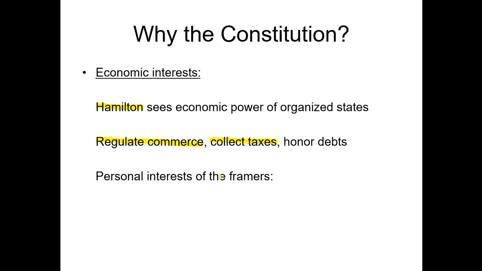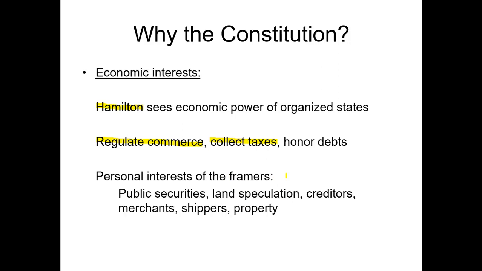There was also the personal interest of the framers that started to fall by the wayside. Yes, there were certain people there at the convention who had their own personal interests. Some of them owned public securities that needed a federal government to back them.